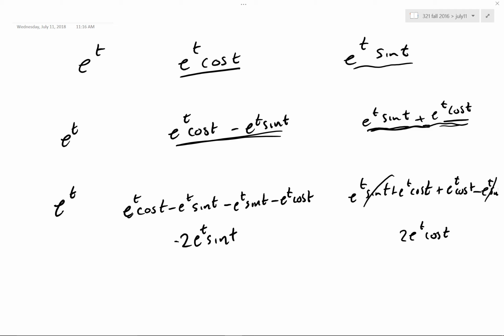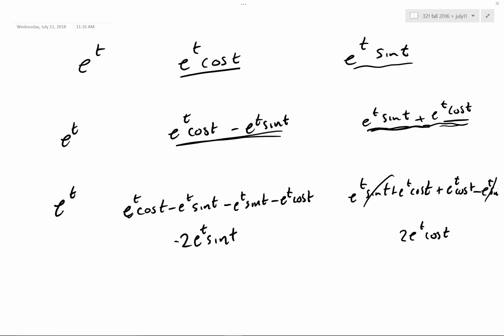This times this is going to be 2 e to the 2t cosine squared t minus 2 e to the 2t sine t cosine t, minus, it's already a minus though, so plus 2 e to the 2t sine squared t, plus 2 e to the 2t sine t cosine t. That's gross, but they cancel out, so that's handy.